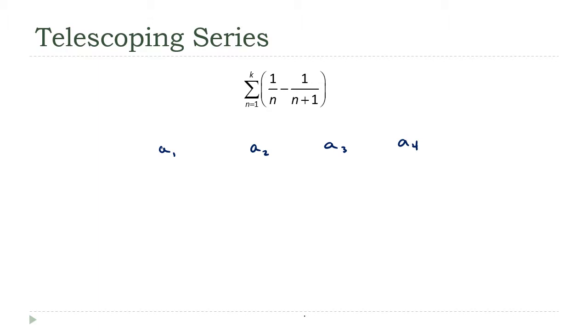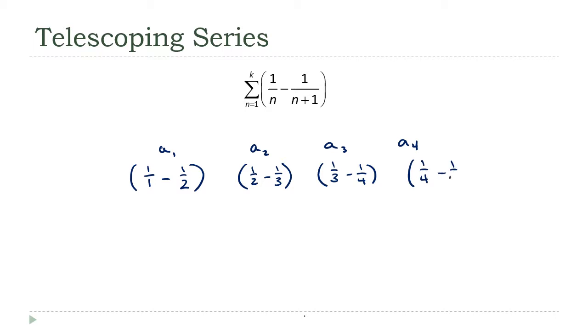So if I put 1 in here, I get 1 over 1 minus 1/2. Then if I put in 2, I get 1/2 minus 1/3. And if I put 3, it's 1/3 minus 1/4. And 4 is 1/4 minus 1/5. We'll get to the end part in a minute.